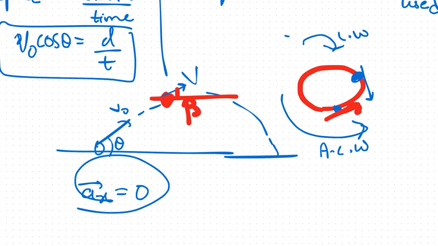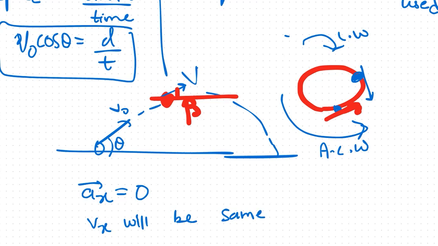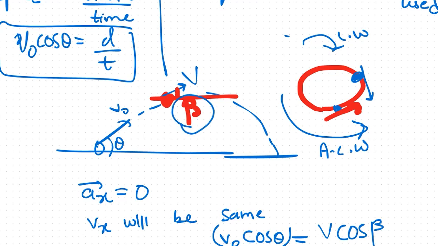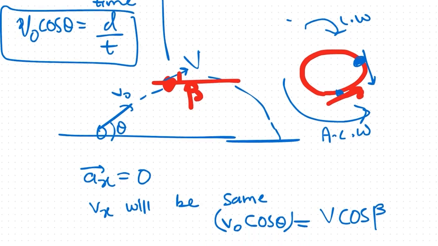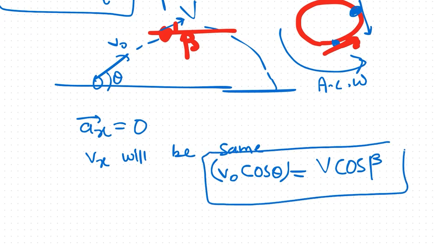Acceleration is 0, so it moves with constant velocity. Vx will be the same. So can I say v naught cos theta should be equal to v cos beta? Okay. So this is a condition.